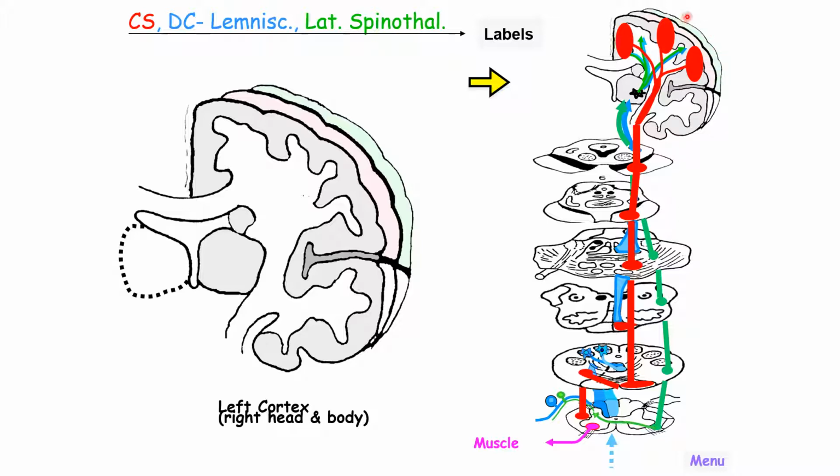And similarly for the hand area, motor cortex and sensory cortex are immediately adjacent to one another and could easily affect both of those for the hand. And similarly for the leg in the paracentral gyrus, motor cortex would be readily affected for the leg, as well as sensory fibers for both pain and temperature and vibration and position in the paracentral lobule posterior portion.